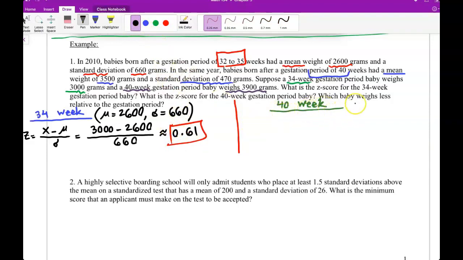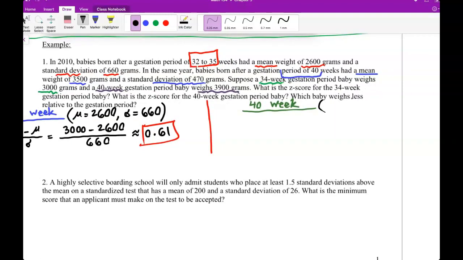For the 40-week baby, the mean is 3,500 and the standard deviation is 470.